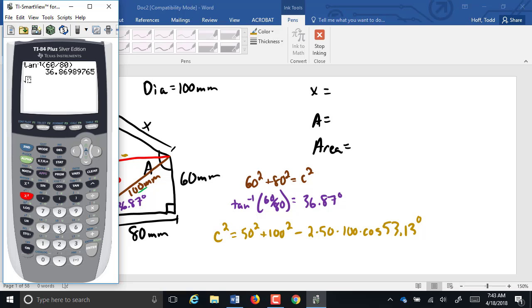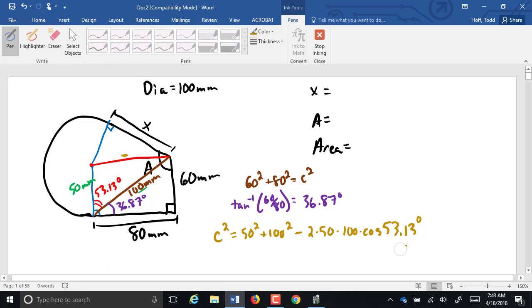Notice I put in the square root right away, so this all gets square rooted. I get 80.62. So this here is 80.62 millimeters.